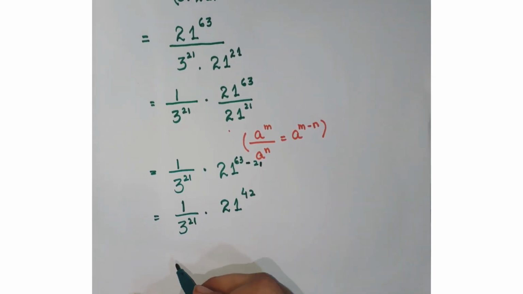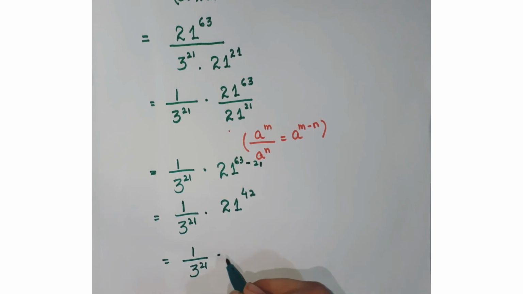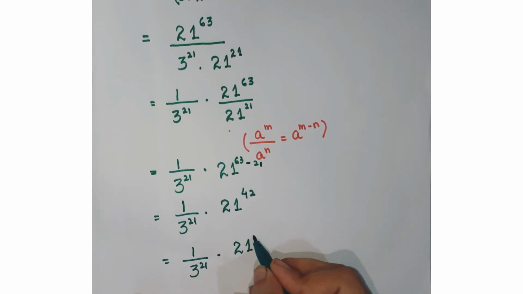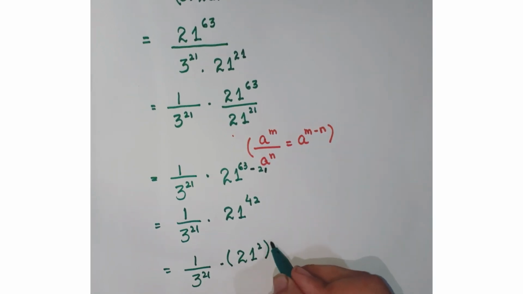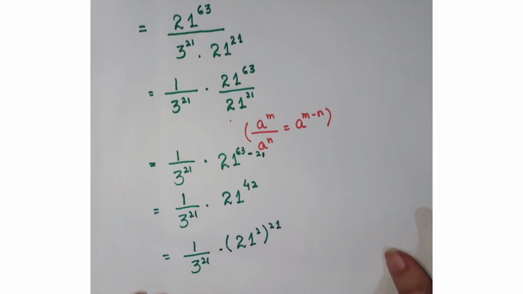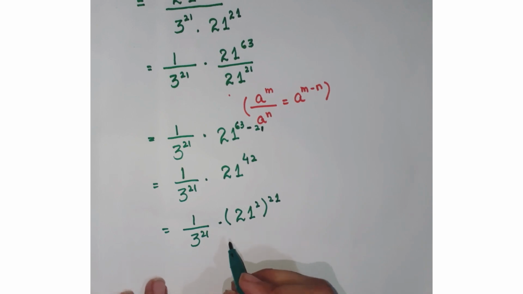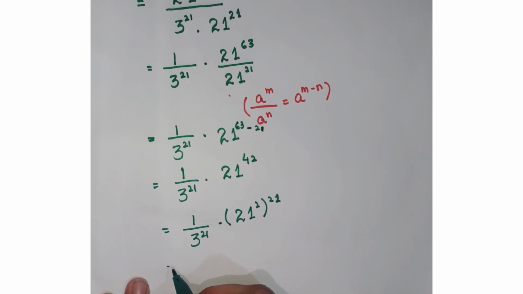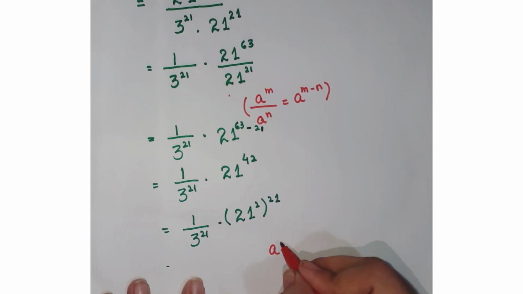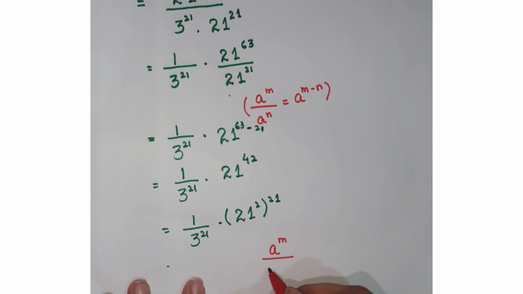Now split up this 21 to the power 42 as 21 square whole to the power 21. As you know the algebraic identity, that is a to the power m upon b to the power m, can be written as a upon b to the power m.